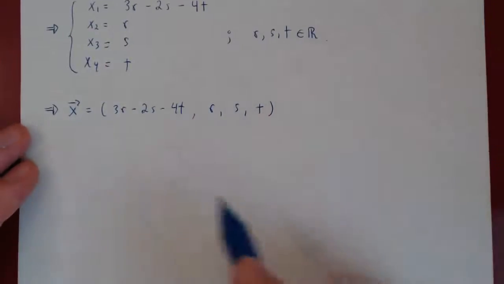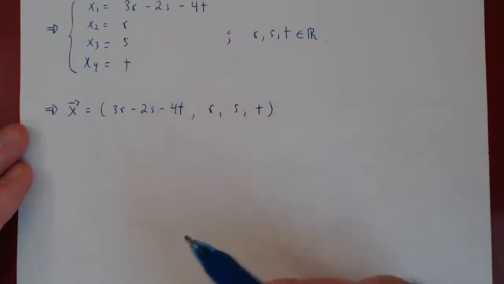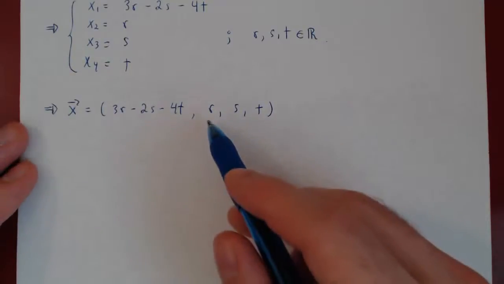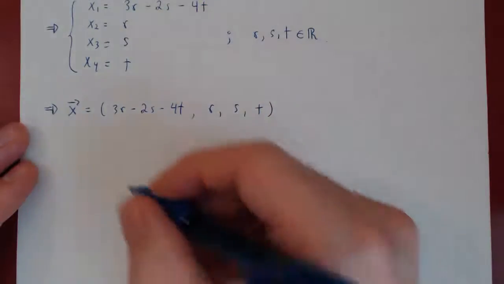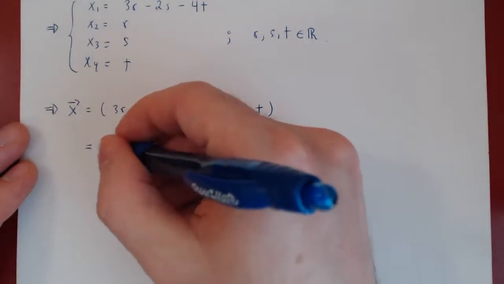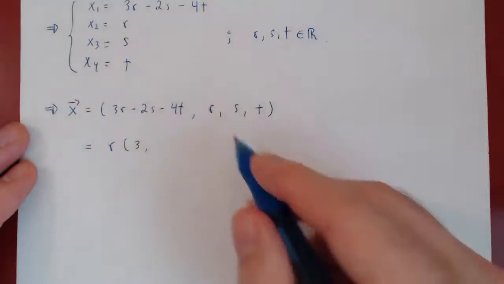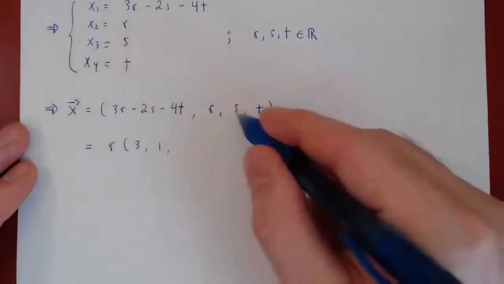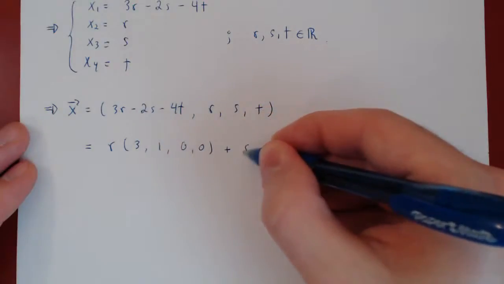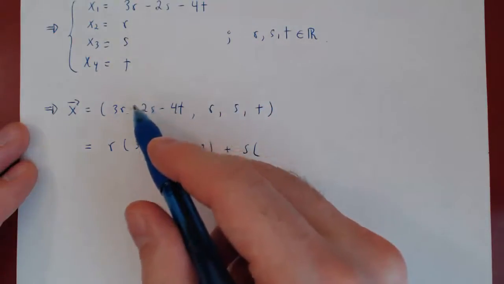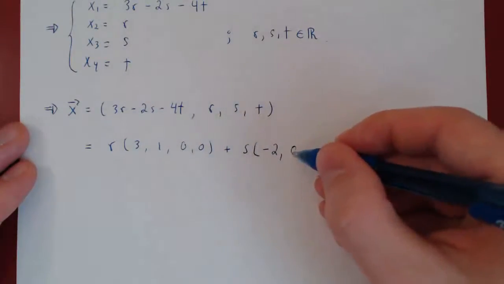And every time you describe the vectors in your space explicitly, you can always extract the basis by simply separating the parameters. So we are going to split r. Well, there's a 3r here, so it will be 3. There's an r, so it will be 1. There's no r, so it will be 0, 0, plus s times negative 2 in the first entry. There is no s here, so it's s times 0.